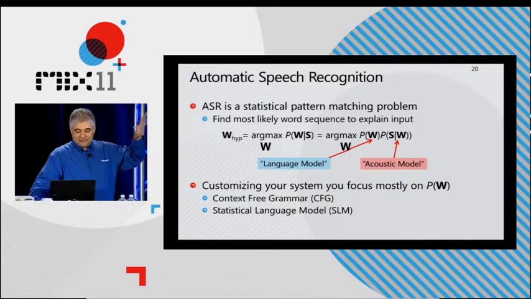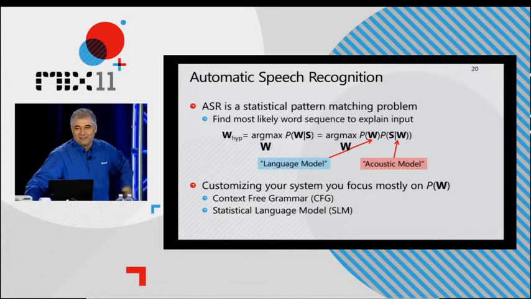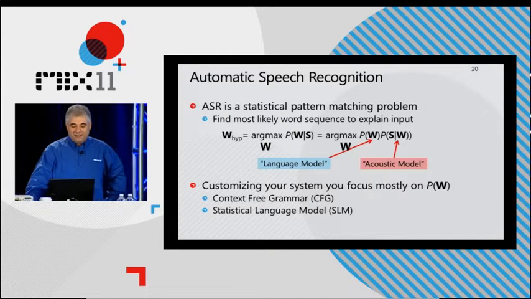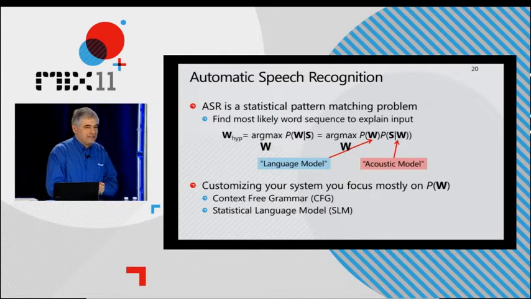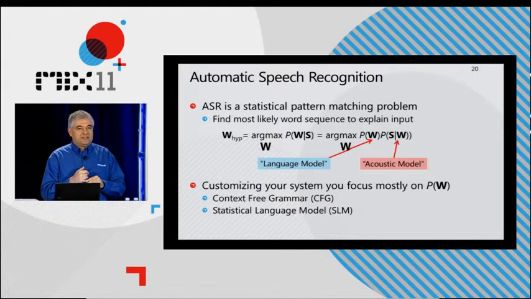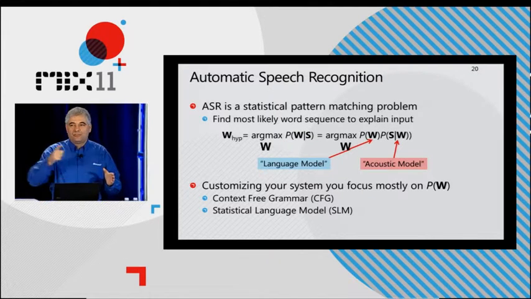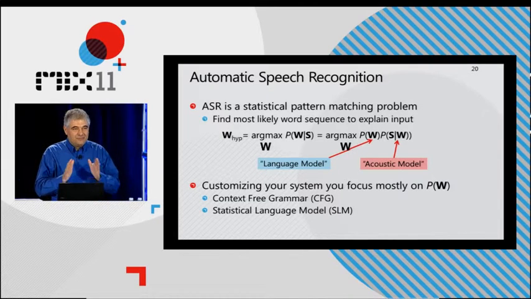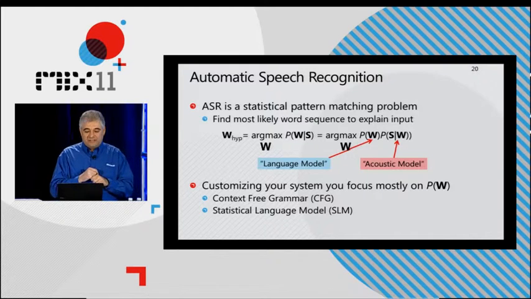So behind this formula in the middle, which is a generic description of what the speech recognizer does, it's just a probabilistic machine which, given sound sequence S, tries to estimate what is the sequence of words. And it can be split relatively easily using the Bayesian rule into two pieces.